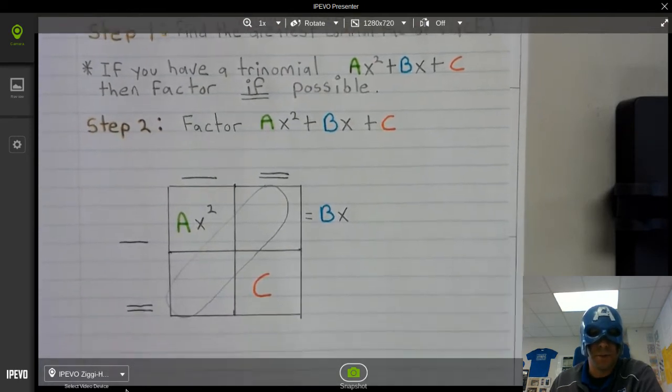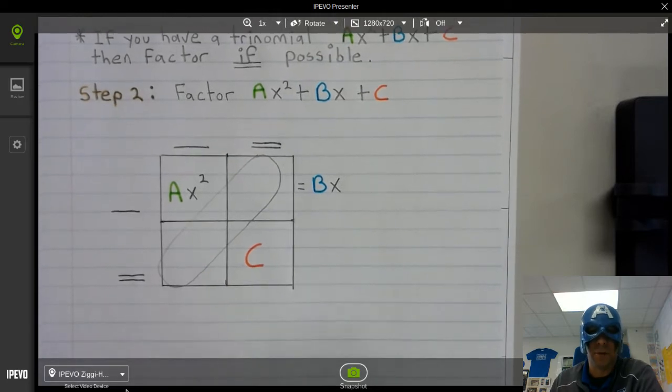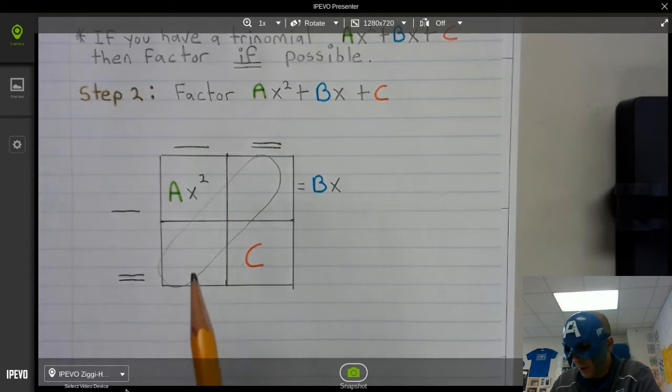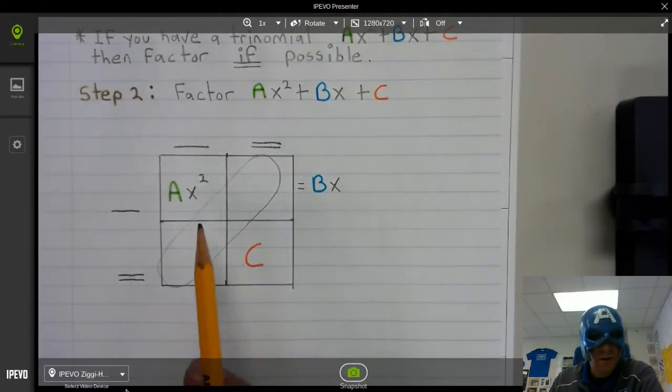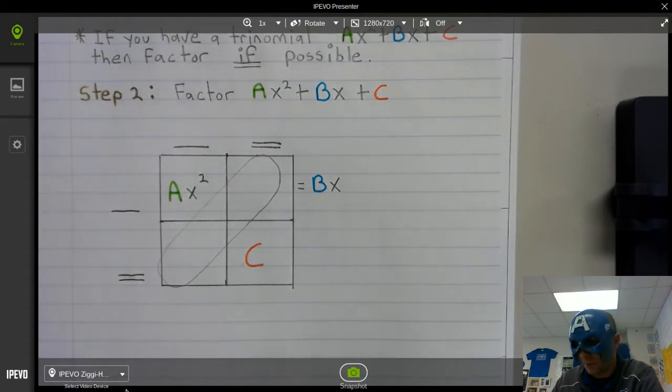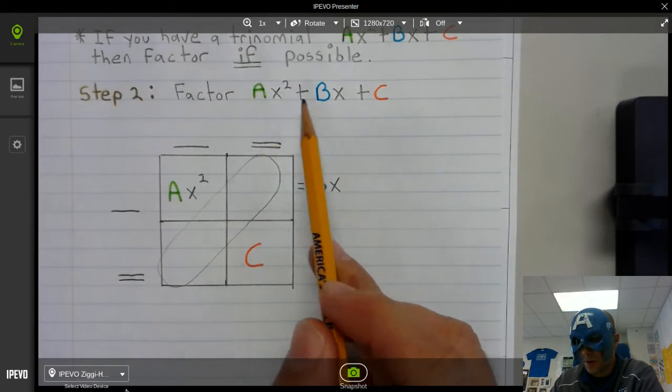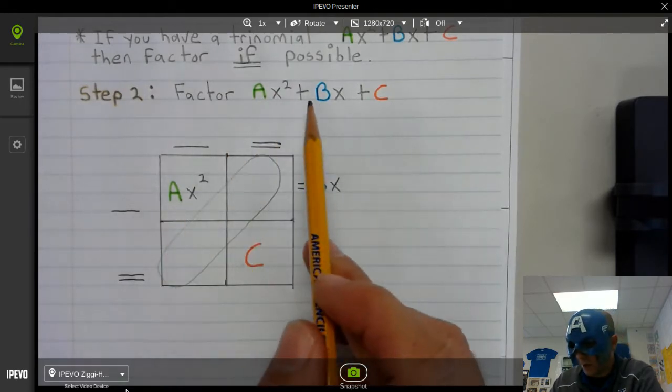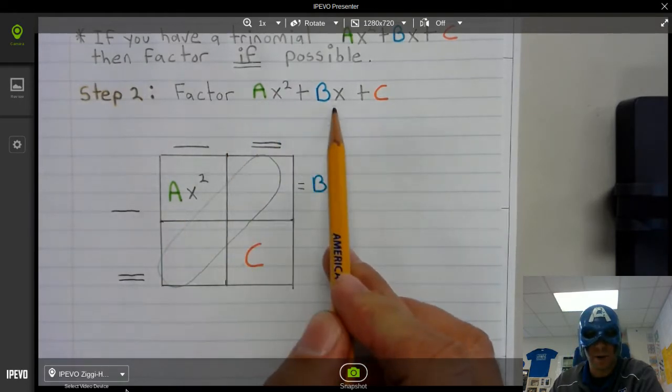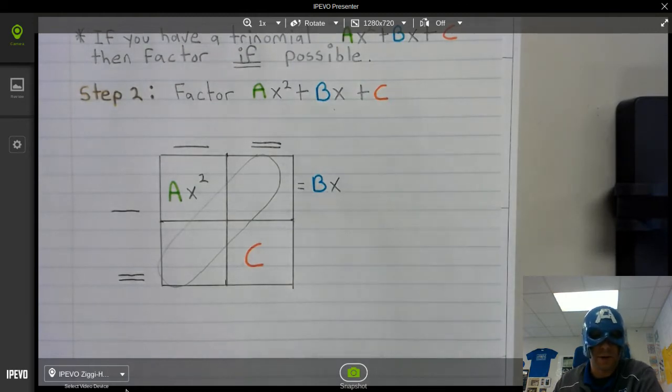All right, step 2, factor ax squared plus bx plus c. We do this by what I like to call the reverse box method, because you multiply polynomials to get ax squared plus bx plus c, but now we're doing factoring, which is like reverse.